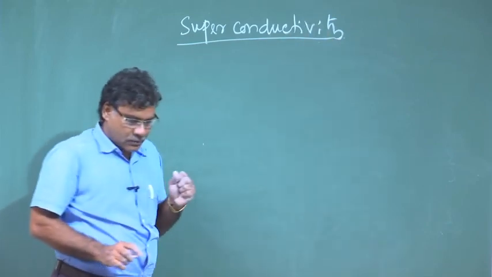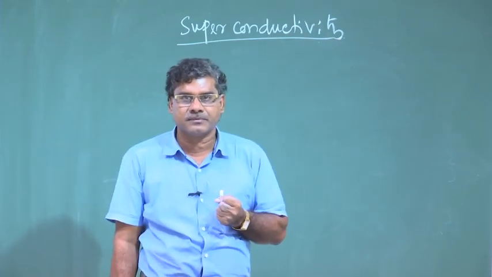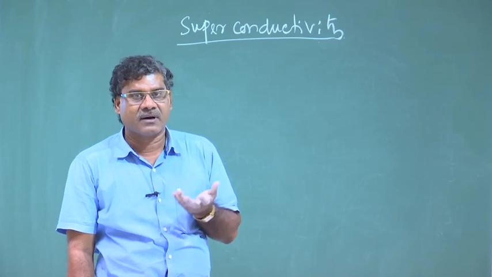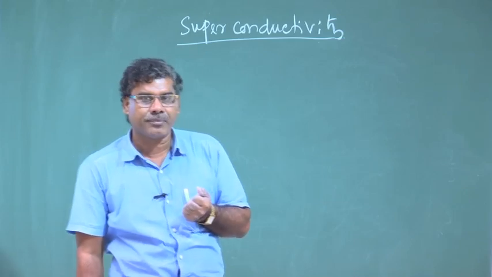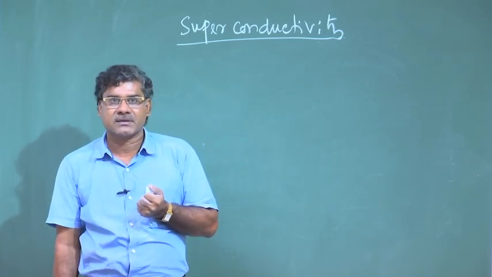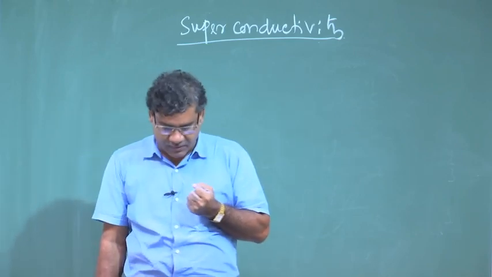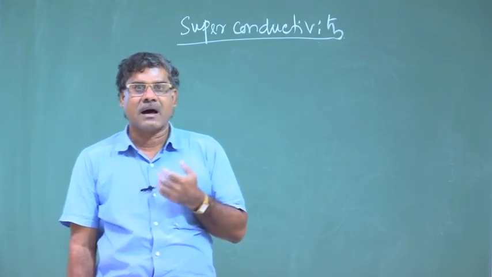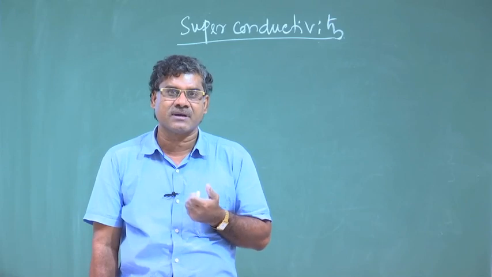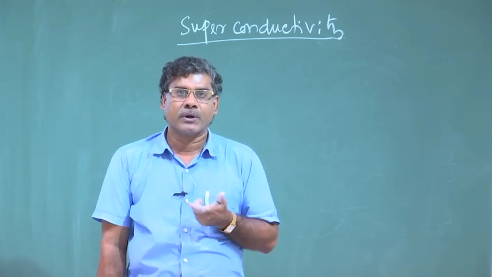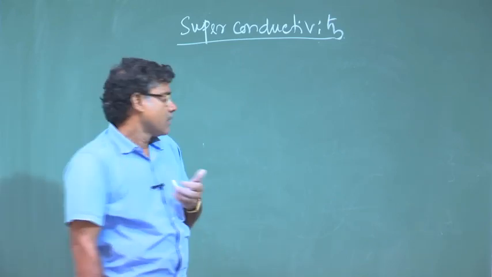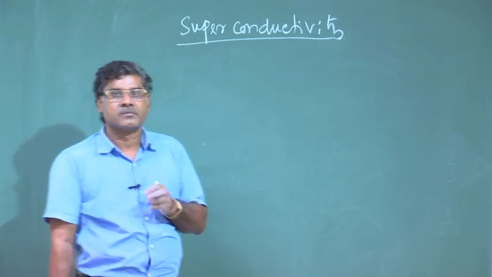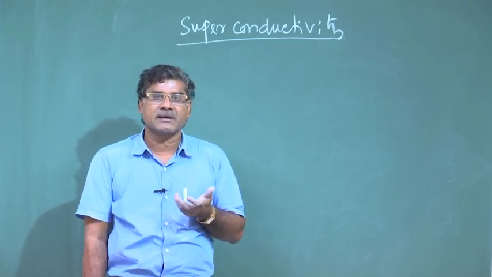Okay. So, superconducting material, you must have heard this name, and it is very important for application, but unfortunately it is observed only at low temperature. This superconducting property of materials is only observed at low temperature.